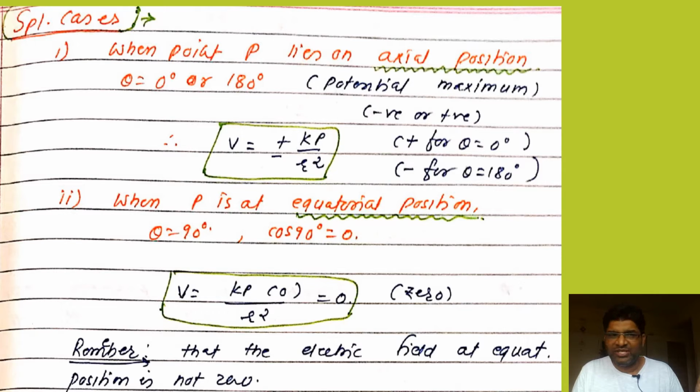Remember, we have seen earlier that the electric field at the equatorial position is not 0, but the potential is 0, because potential is a scalar quantity, and since both are at the same distance, when you add the potential due to the plus charge and the minus charge, they cancel each other and the potential at the equatorial position turns out to be 0.